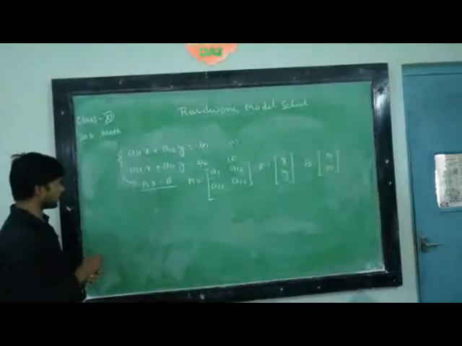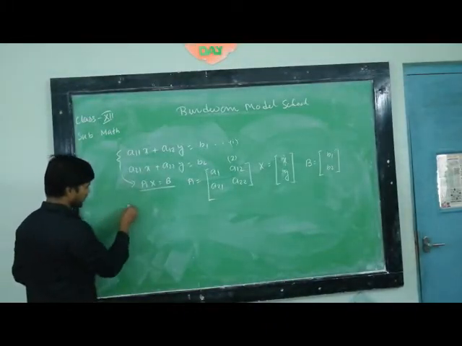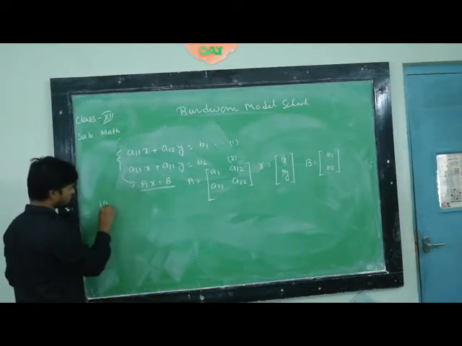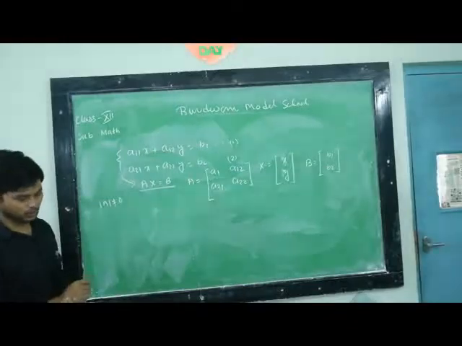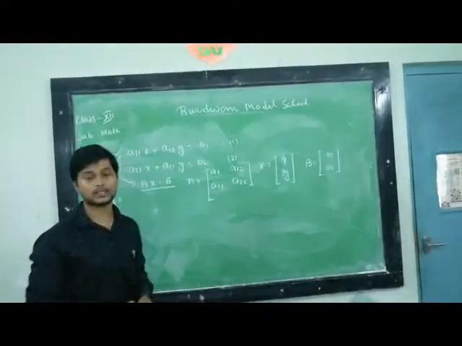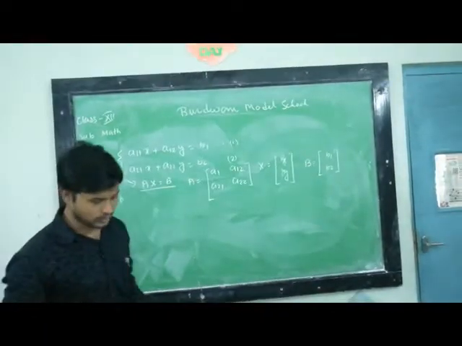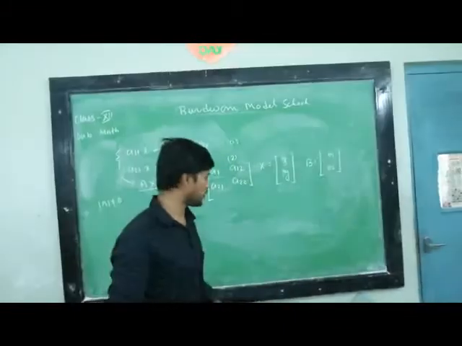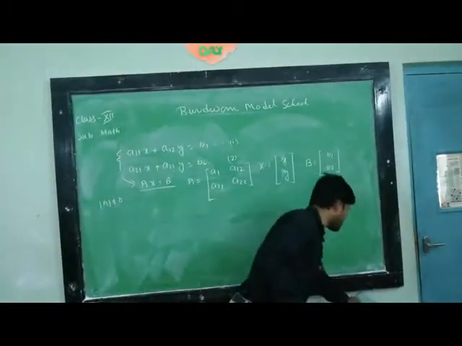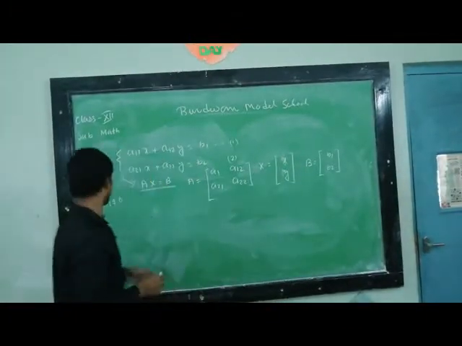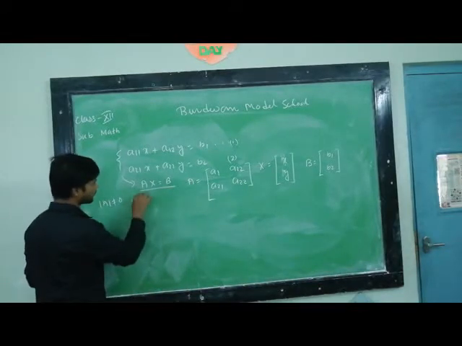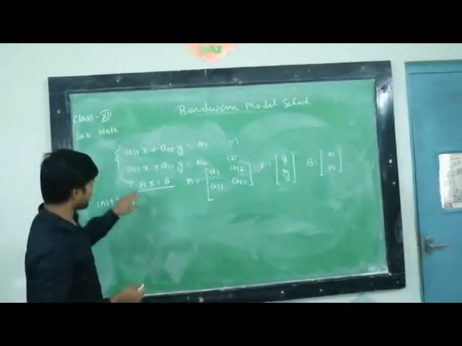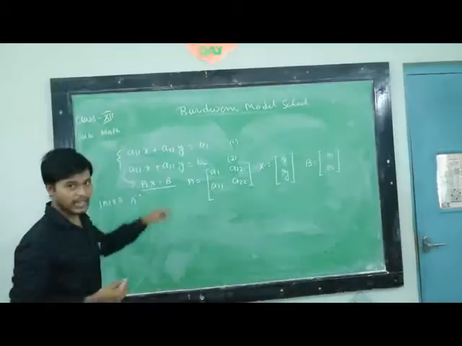Now, case 1: if mod A is not equal to 0, that means A is a non-singular matrix, then we know that the inverse of the matrix can be found. That means A inverse will exist. So multiply this equation by A inverse.